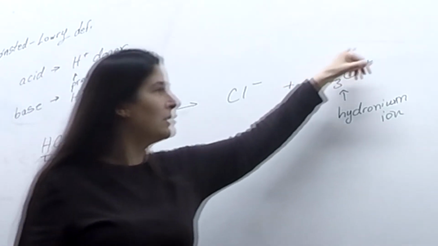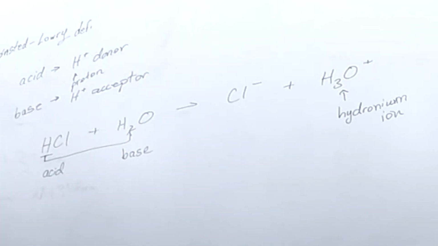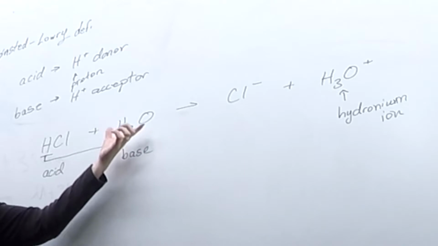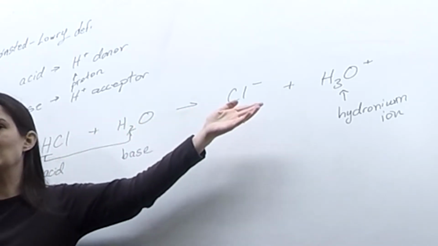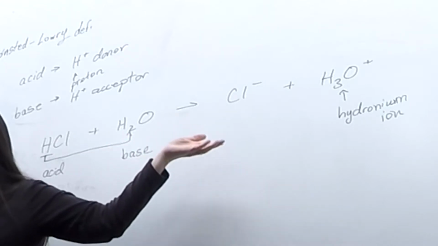So the ion that you get out, the positive one, instead of an H+, you get the hydronium ion. So anytime you react a base or an acid in water, you want to write this reaction out instead of this one, because this one is more truthful.